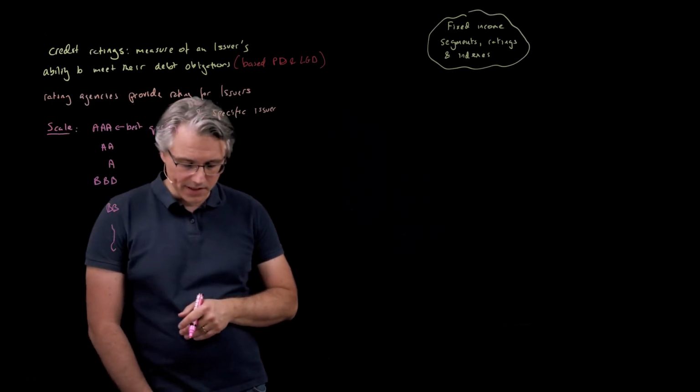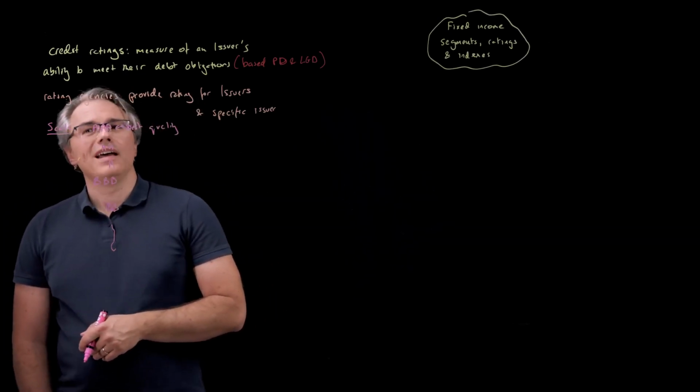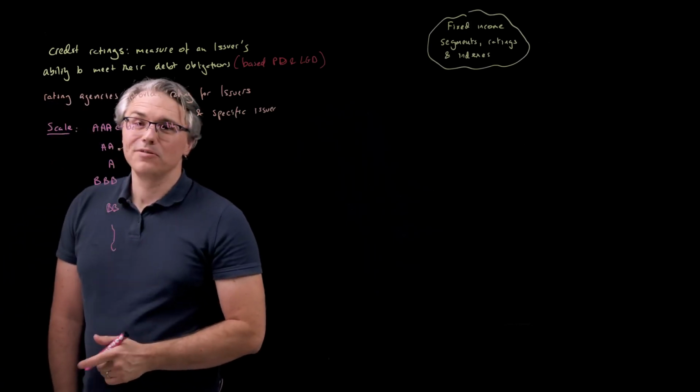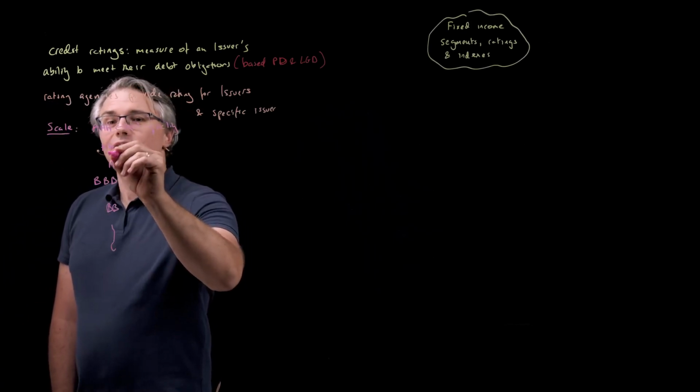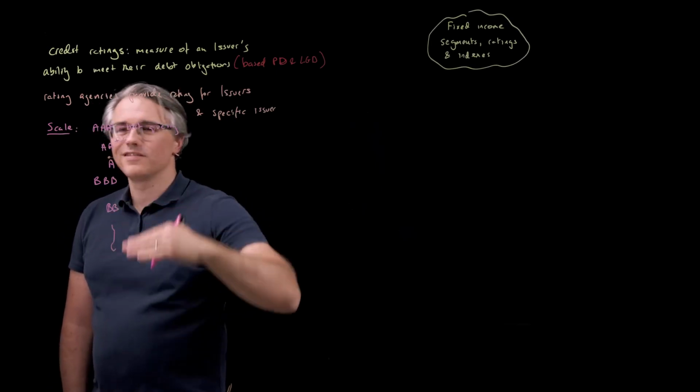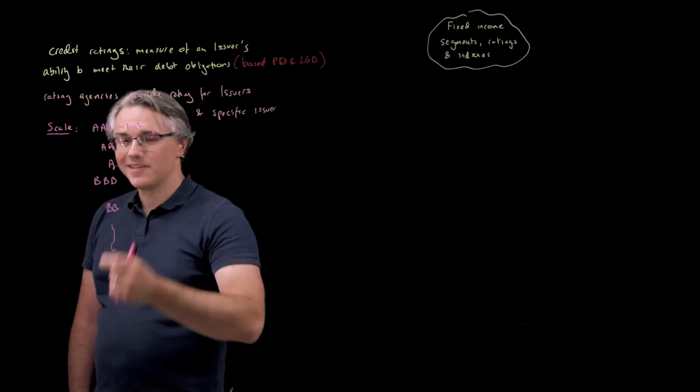The credit quality is getting lower. In between these letters, you'll also have things like AA plus, AA minus, so variations as well, smaller steps.